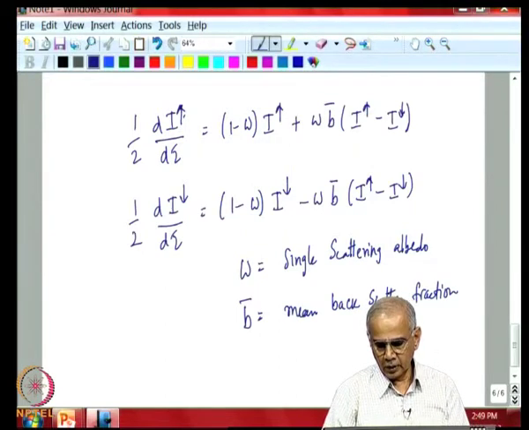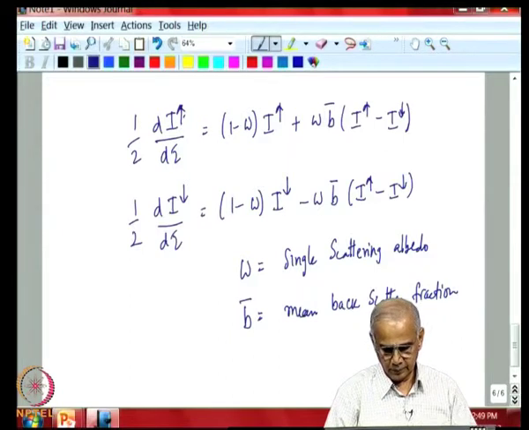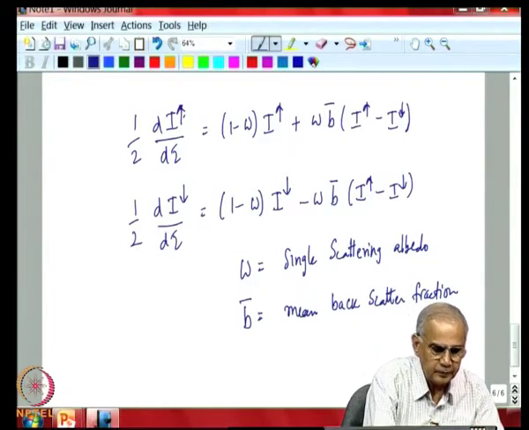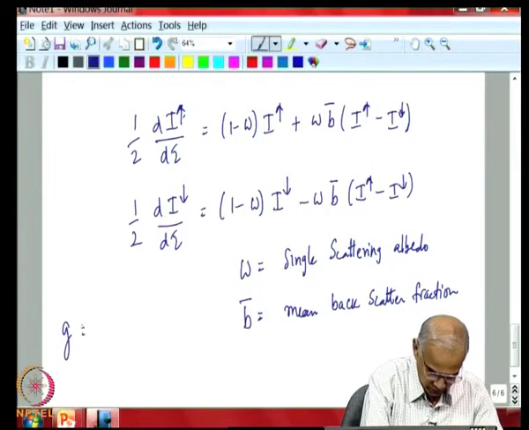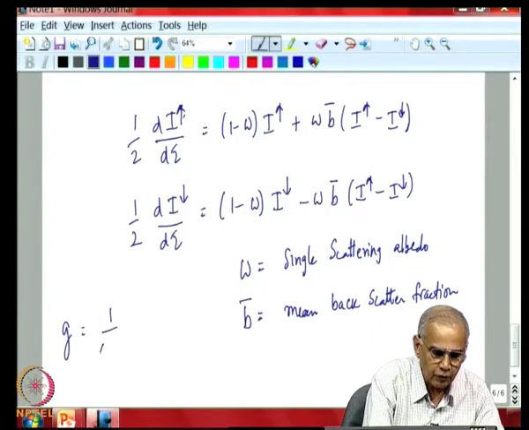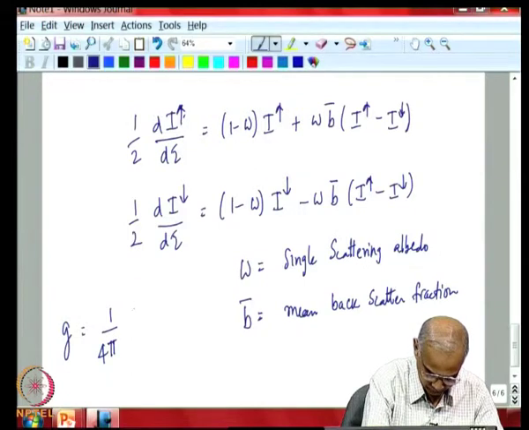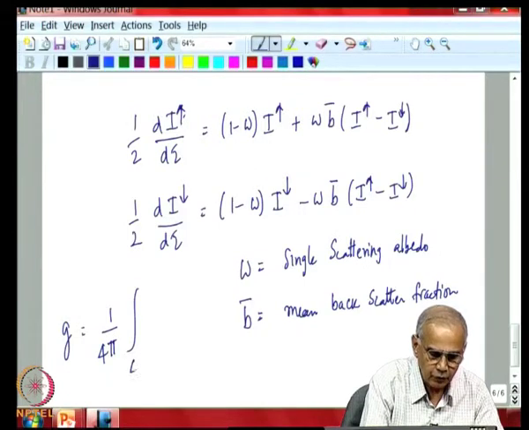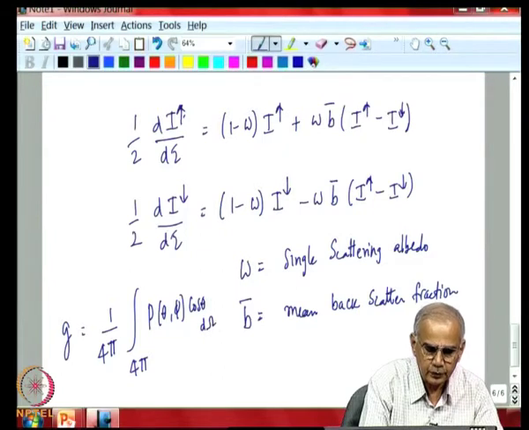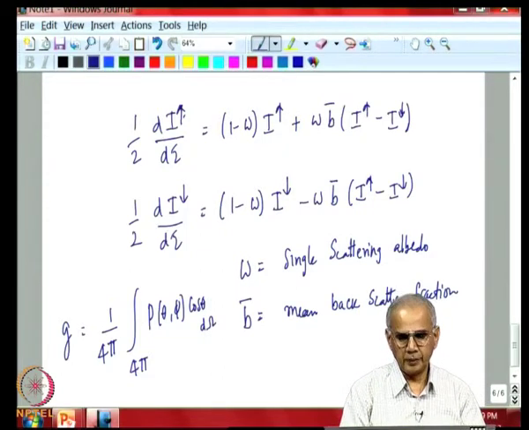If you recall, when you talk about Rayleigh and Mie scattering, we clearly identified a quantity called G, and the quantity G was nothing but 1 over 4 pi, 0 to 4 pi, p, the phase function of theta and phi, cos theta d mu. This was the asymmetry parameter.